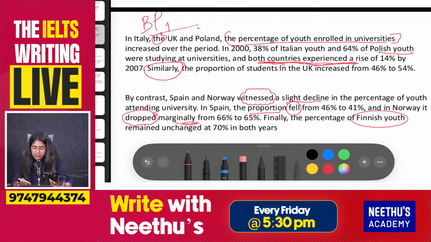So which words have we learned from body paragraph 1 and body paragraph 2? Let's revise it. In Italy, the UK, Poland, the percentage of youth enrolled in universities increased over the period.